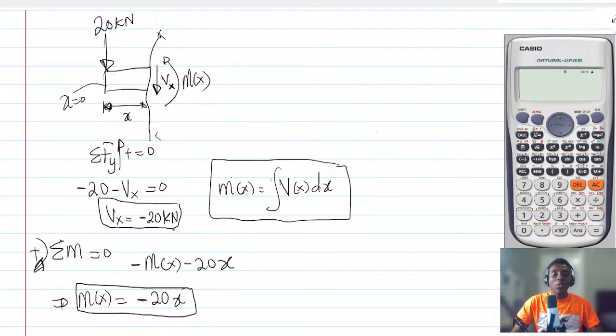So if the shear force was -20 and you integrated it, you will get what? -20x, right? If you integrate -20 with respect to x, you will get -20x. So even if you don't do the moment and you just integrate the shear force, you will get the moment. I hope it's clear.